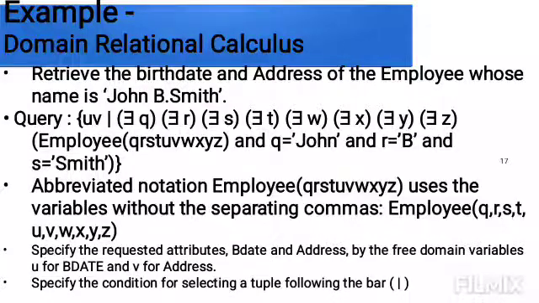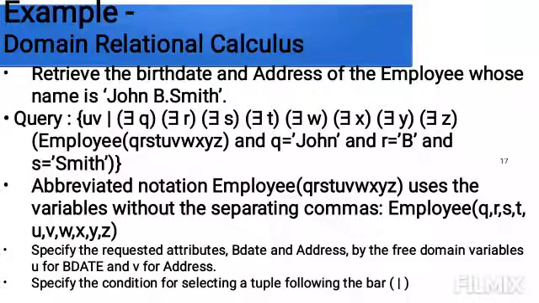We specify birth date and address using the free domain variable U for birth date and V for address. So we need to retrieve the U and V variables. So U V bar, there exists QRSTWXYZ of employee and Q equal to John and R equal to B and S equal to Smith.